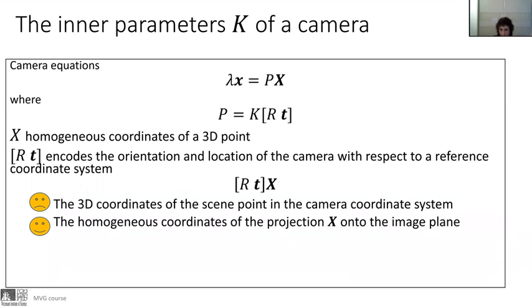So remember always that RT times X has these two meanings, as we saw in the first few slides of the lecture. Is this clear? It's important to understand.